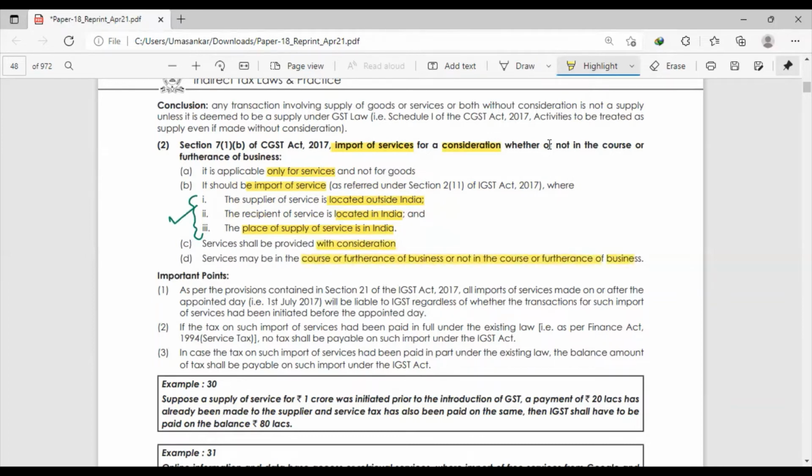So for import of services, this condition should be there. It should be only for services. Import of service means the supplier is located outside India, the recipient is located in India, the place of supply will be in India, and services will be provided for consideration, whether related to business or not.